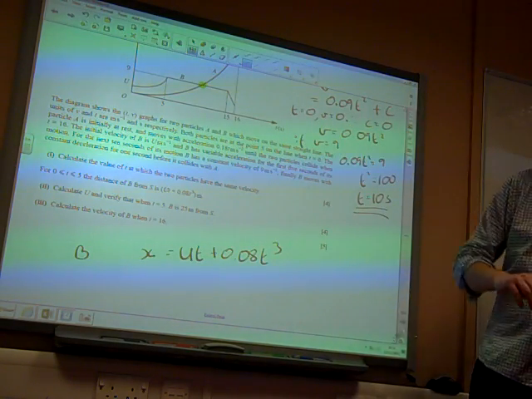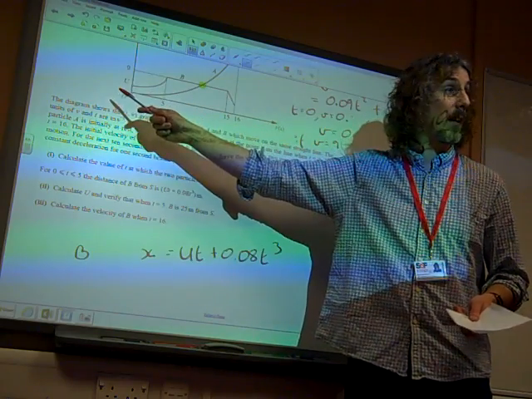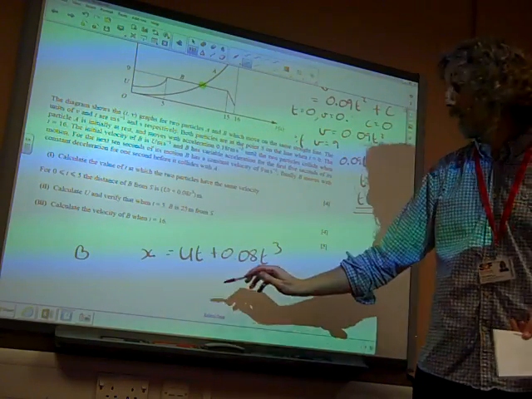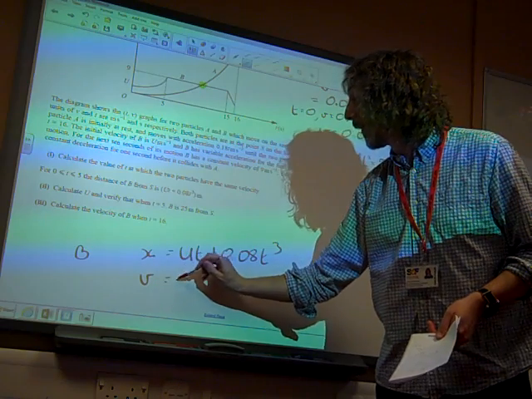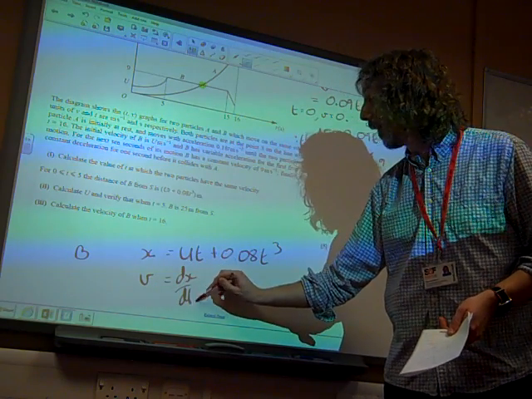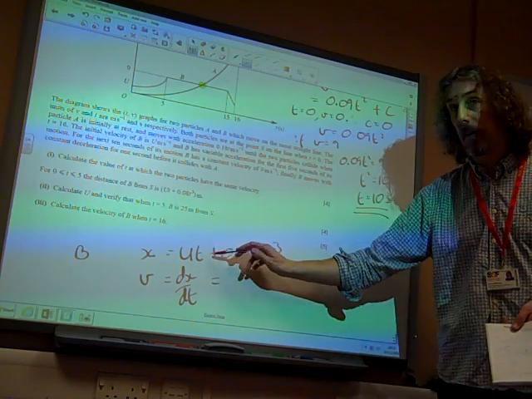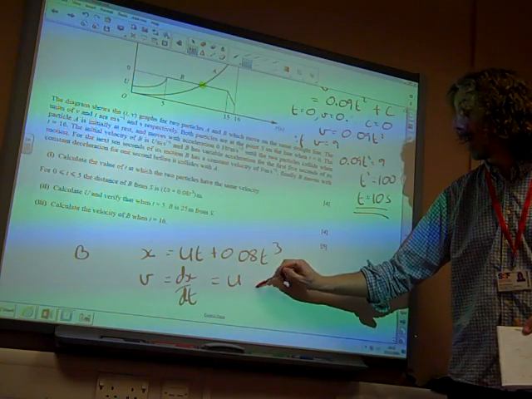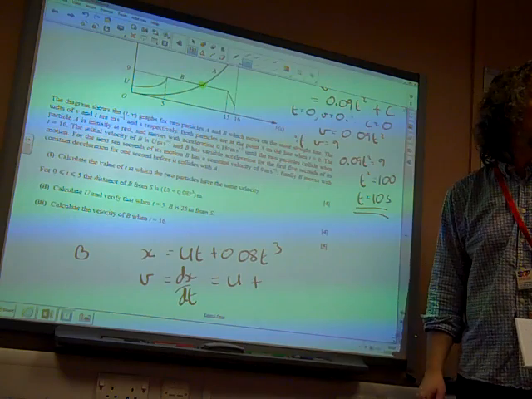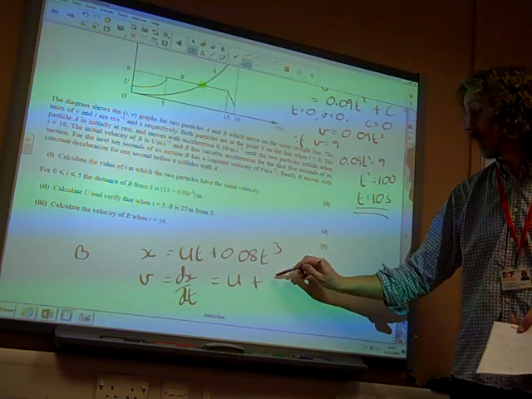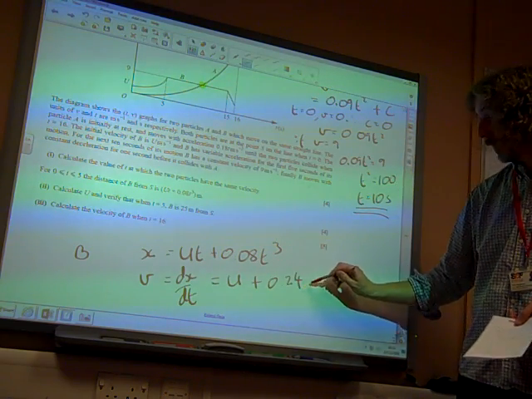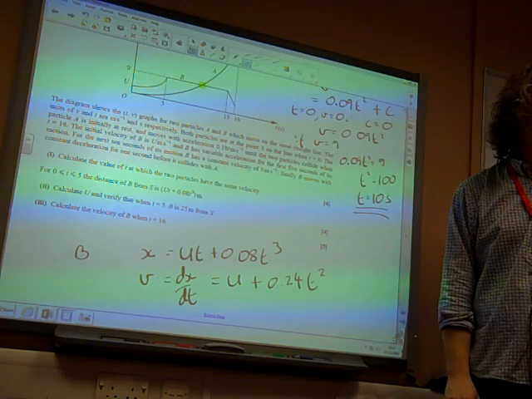We want to find the value of u. u is the velocity, so we now need to differentiate. The velocity of particle B is dx by dt. If we differentiate ut, that goes to u. If we differentiate 0.08 t cubed, that's 3 times 0.08 times t to the power of 2.